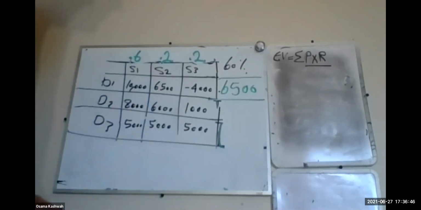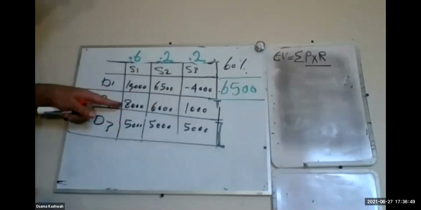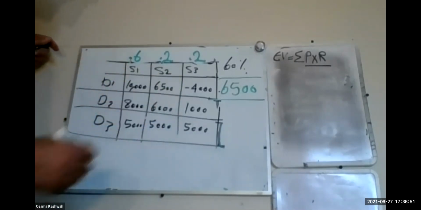The same thing. For the second row it will be 8,000 times 0.6.